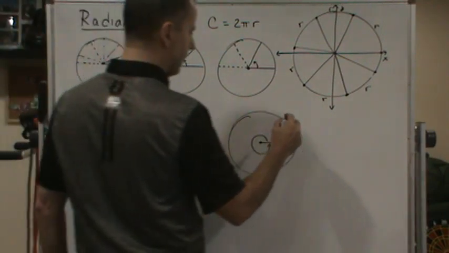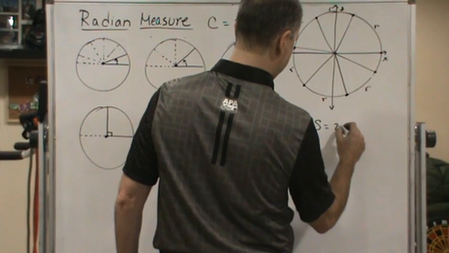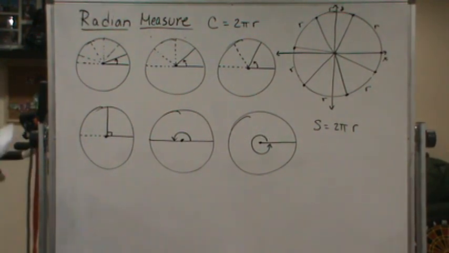So we can look at S equal to 2 pi r, where S just represents the arc length, but it's one full revolution. So we're just replacing C for circumference with S.